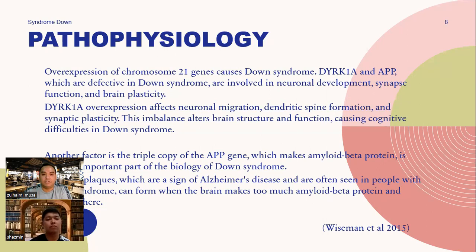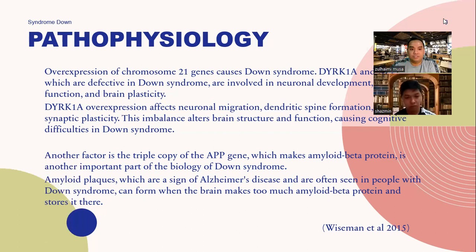So this will alter the brain's structure and function, causing cognitive difficulty in Down syndrome. Another factor is the triple copy of the APP gene, which makes amyloid beta protein another important part of the biology of Down syndrome. Amyloid plaque, a sign of Alzheimer's disease and very often seen in people with Down syndrome, can form when the brain makes too much amyloid beta protein and stores it there.